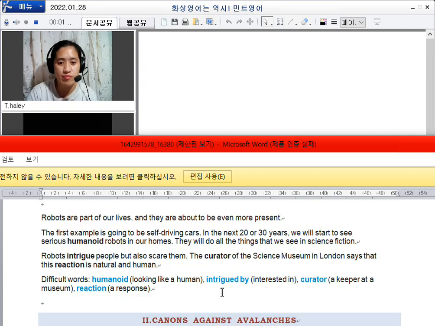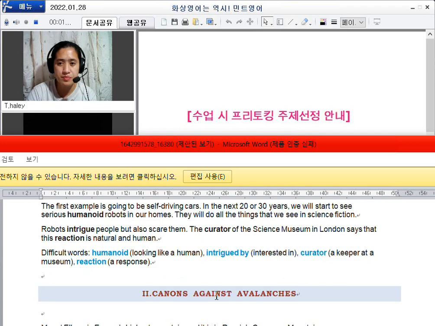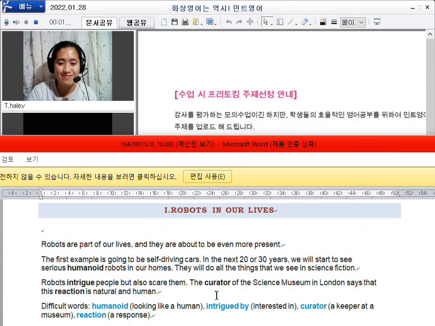So we can see the scenes of science fiction in our lives in the near future. And yeah, that's it. It's not that long an article.